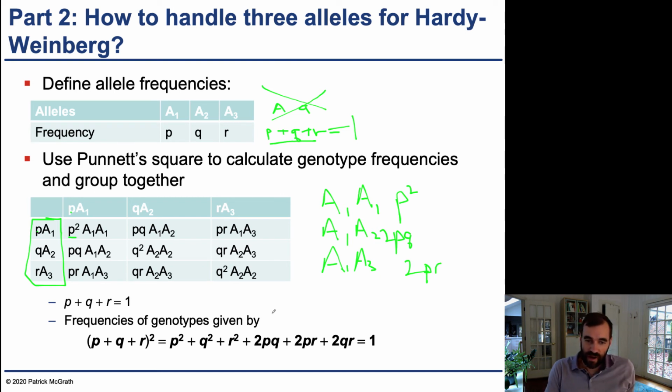I can let you do the rest of that exercise, just by grouping these. But you can see all I did to calculate A1A3 is group these two together and add them together to get 2pr. For A1A2, similarly, I just grouped them together to get 2pq.